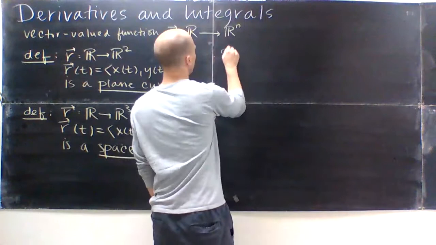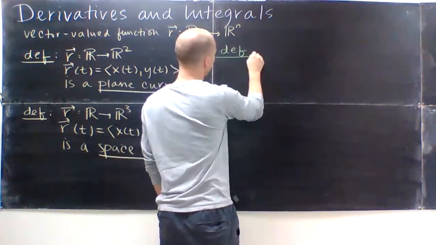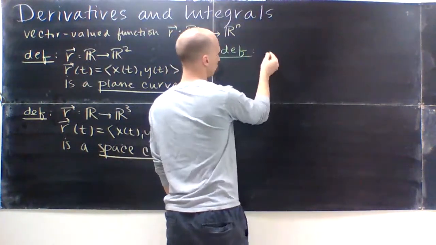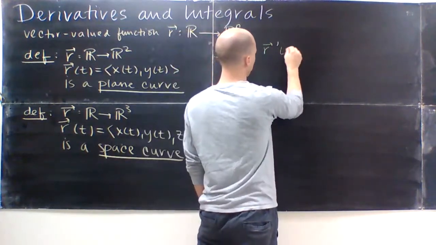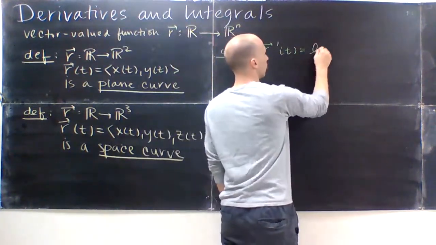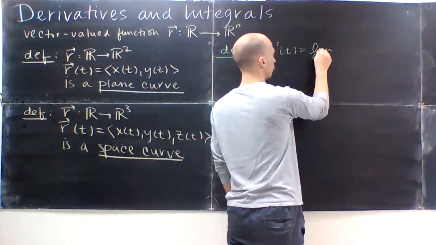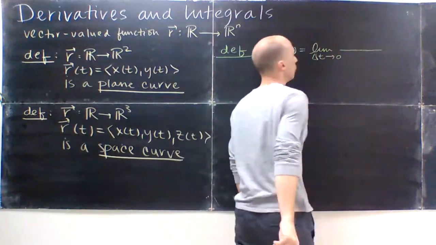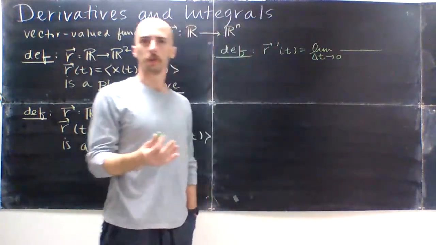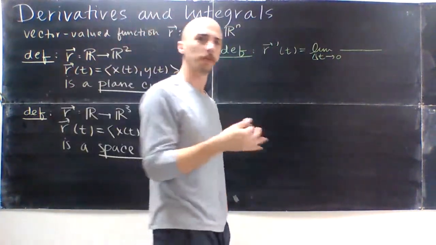So I'm going to define the derivative of a function r. r prime of t equals the limit as delta t goes to 0 of rise over run. What is rise? It's the difference in the dependent variable, the difference in the output.